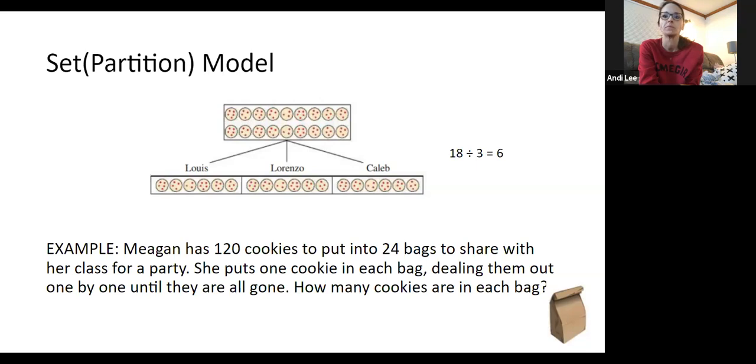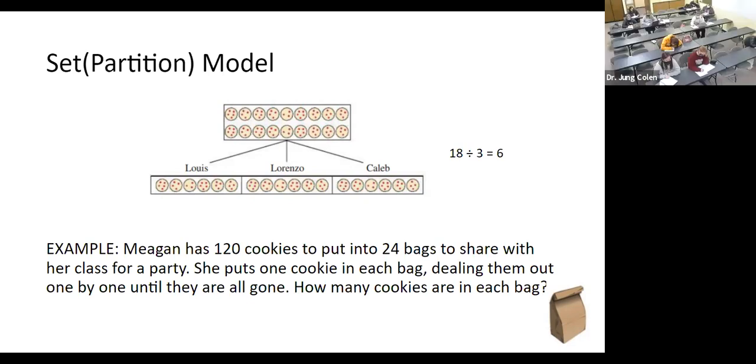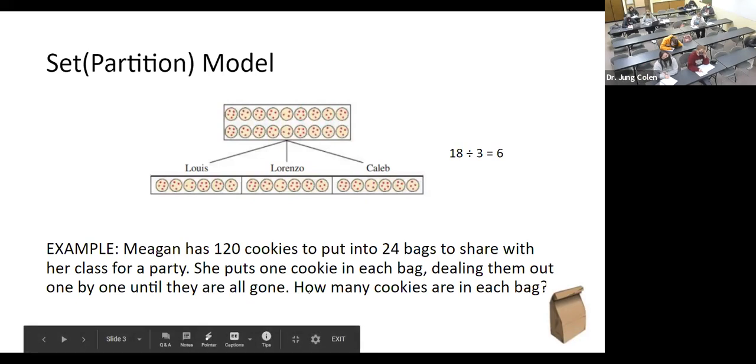Can you work on that on your paper? Maybe it will take some time, right? Because you have 120 cookies and you have 24 bags to put them in. So maybe you can do one at a time, or you can think about maybe a more convenient way. I want you to think about it.